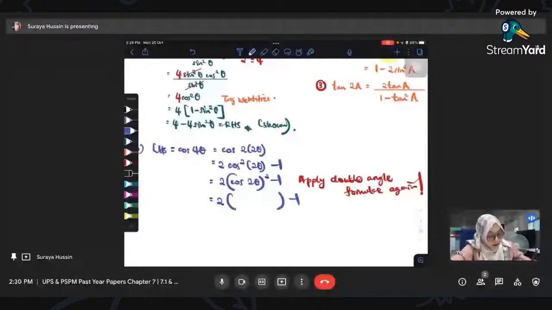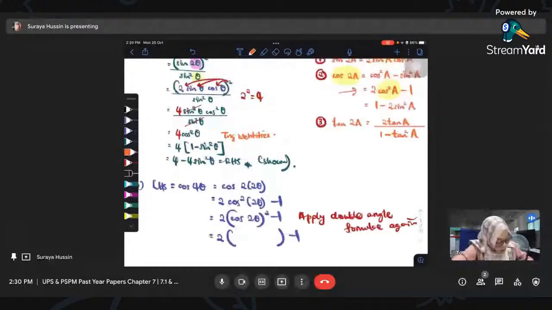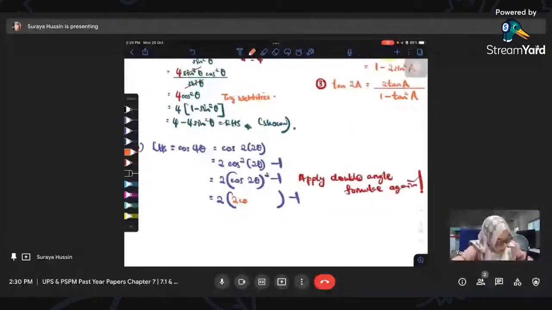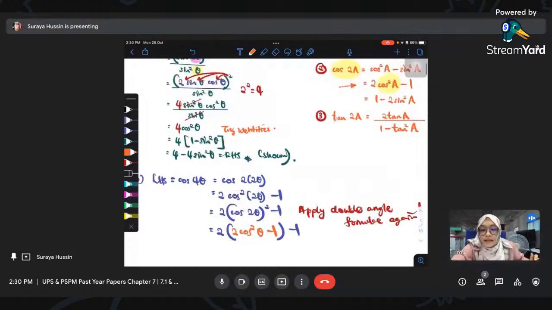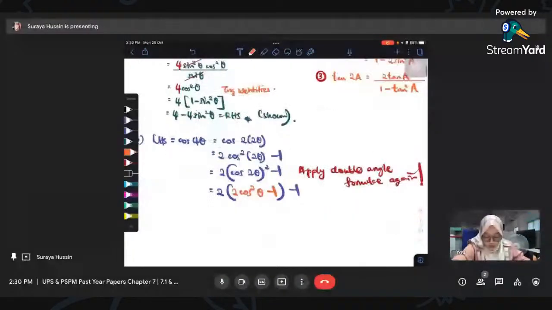Yang you rasa suitable adalah again this formula, which is 2 cos squared theta minus 1. So these are the formula that you must be familiar with. You mesti hafal lah. Okay, senang cerita, tolonglah hafal. And don't forget squared outside.